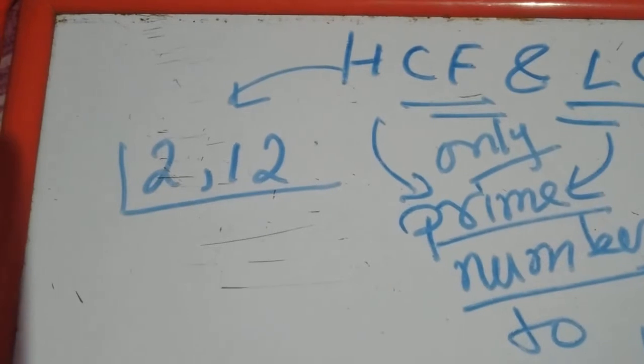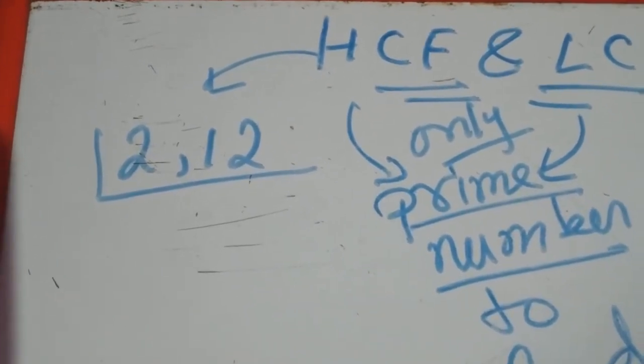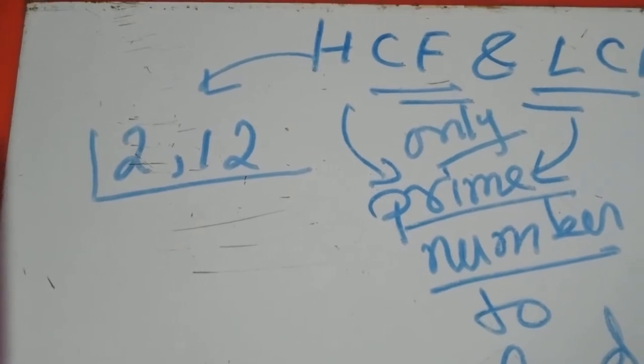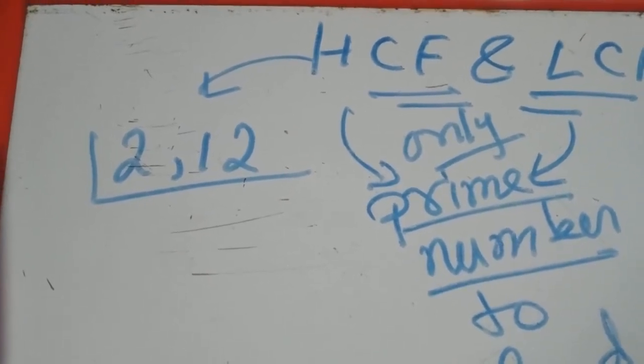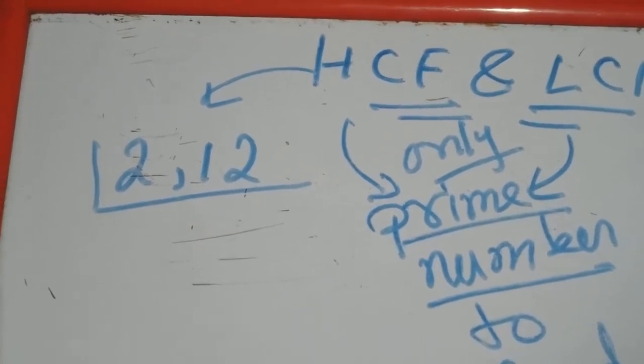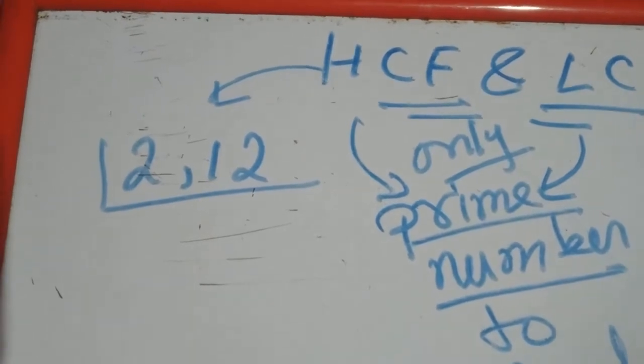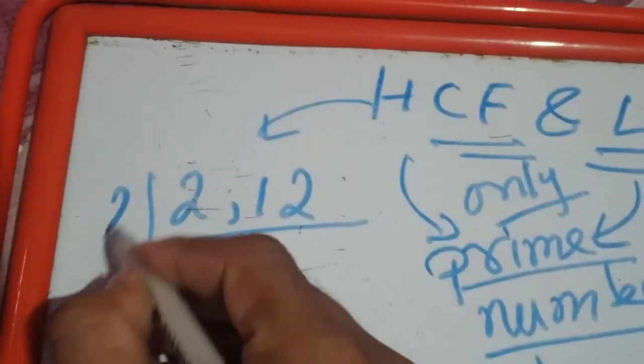If they are even numbers, then we should take an even number to divide, or if they are odd numbers, then we have to find an odd number to divide. But we have to use only a prime odd number or a prime even number. There is only one prime even number, that is 2. So we will use 2 here.